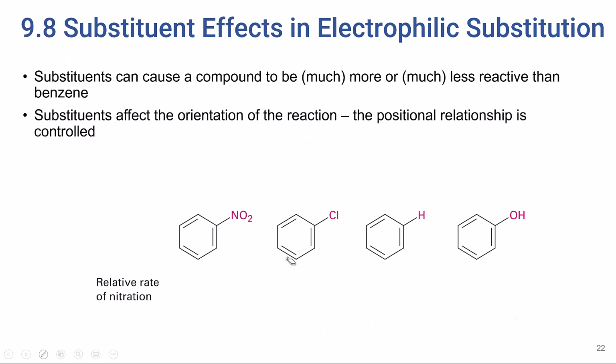Having a substituent on benzene can change how quickly the reaction happens. We have some groups that are more reactive and some that are less reactive. The substituents can also affect where the next group goes, so the positional relationship is controlled. Some groups on the ring can direct the next group that's being added to the ortho and or para position, so these are known as ortho-para directors.